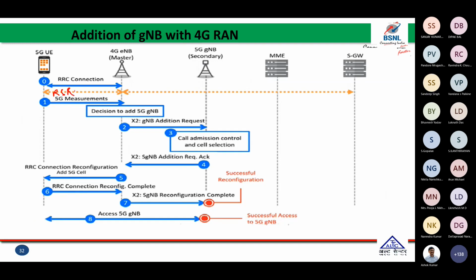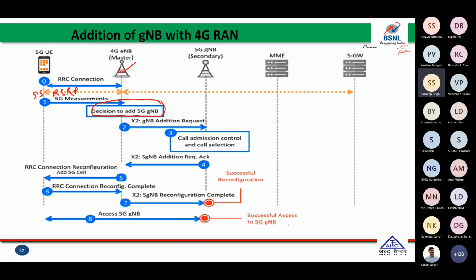SS-RSRP is sent in this measurement report. The 4G node has a B1 event for addition of the G node B, which has a threshold. If the SS-RSRP is beyond that threshold, it takes the decision to add the 5G G node B. Who takes the decision? The master E node B takes the decision.